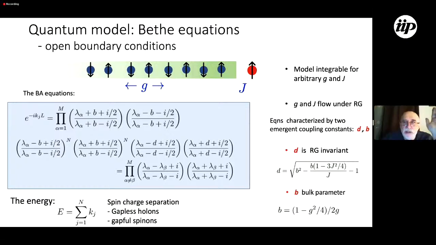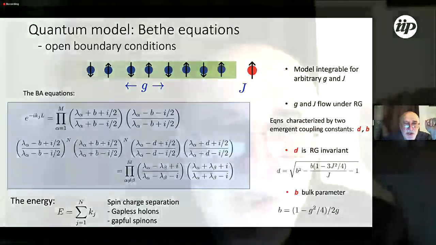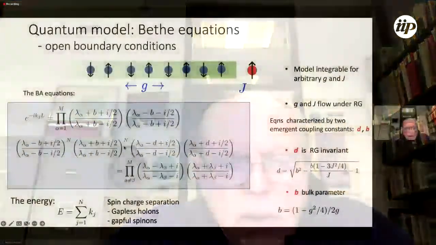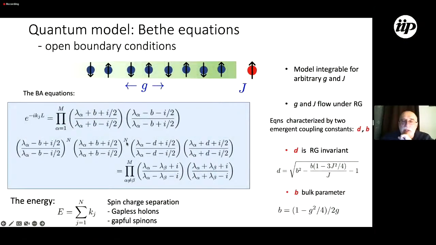May I ask you, Natan, this n in the second equation, is it a power or an index? I'm confused with n here. You have n times the same scattering? Where? Here, on the second line. Yes, you have n as a power. Yes, exactly.